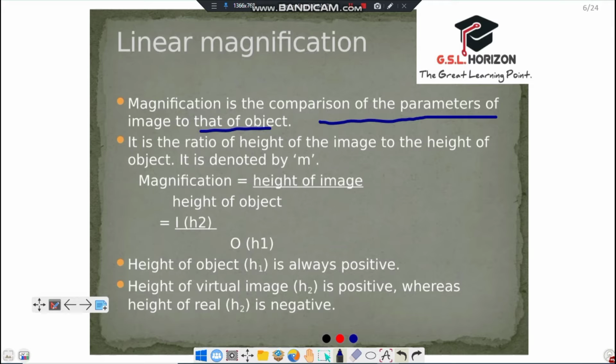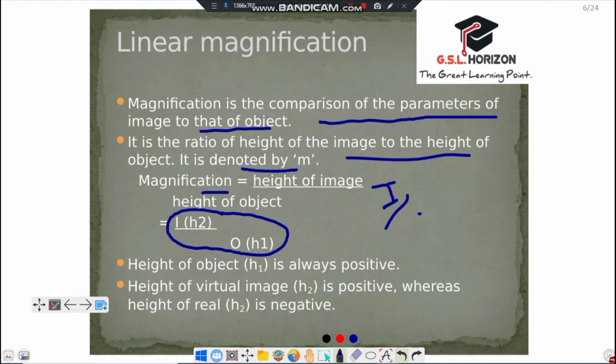It is the ratio of the height of the image to the height of the object, denoted by m. Here we can see m is equal to h2 by h1, or I by O. There is a mistake in the slides, so we can understand it.